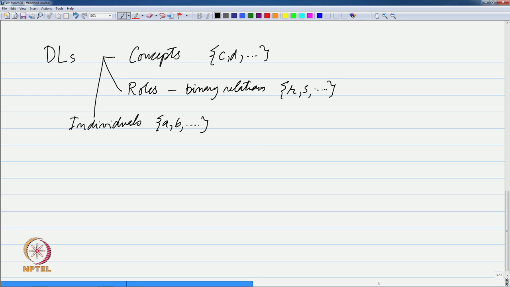So, these three things form what we call the non logical or domain specific part.